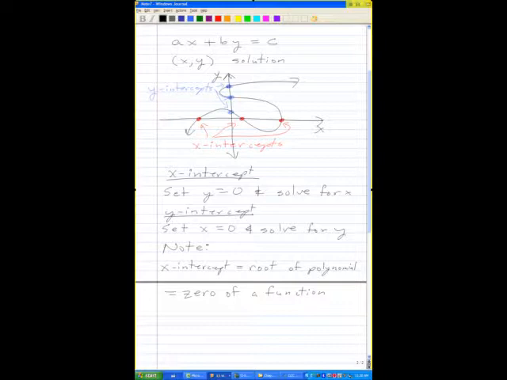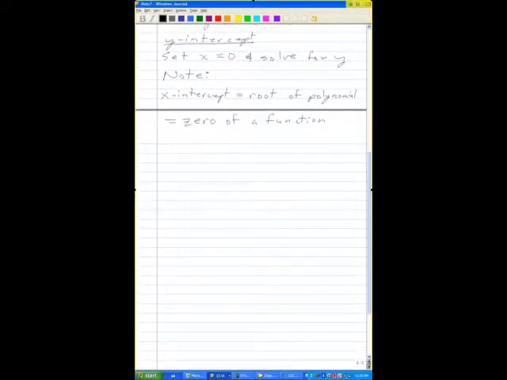So let's do page 112, problem number 22. In exercises 21 through 36, find the intercepts for each equation. I have here 2x plus 3y equals 6. Let's find the x-intercept first.